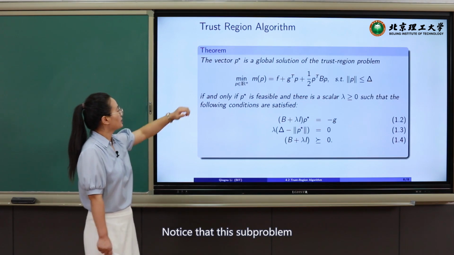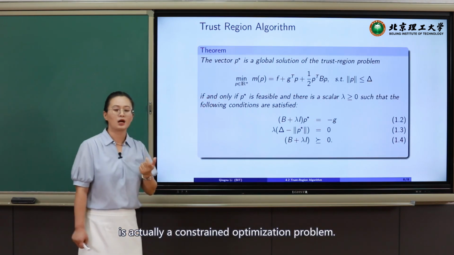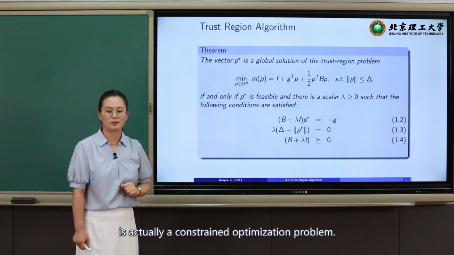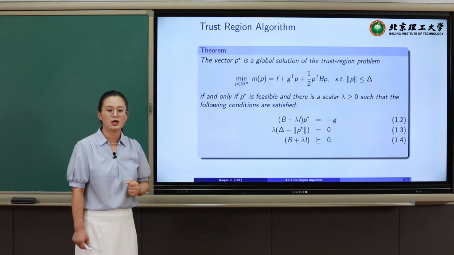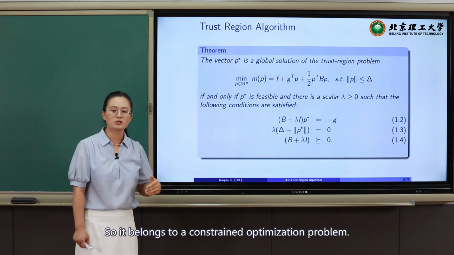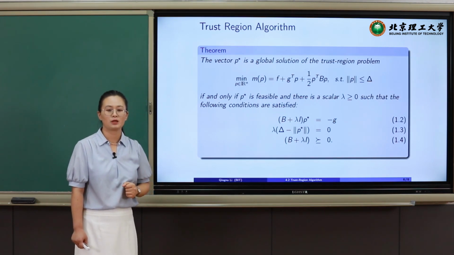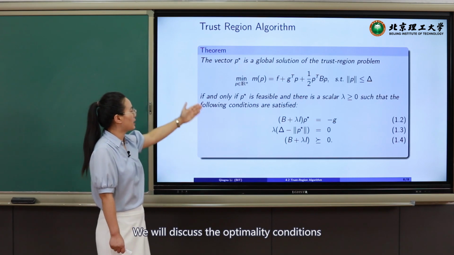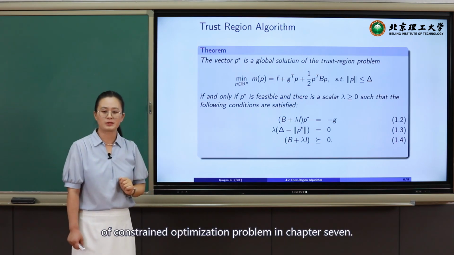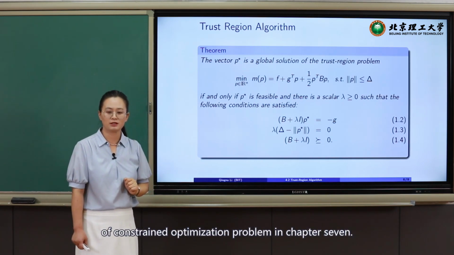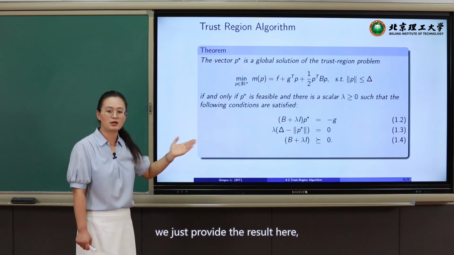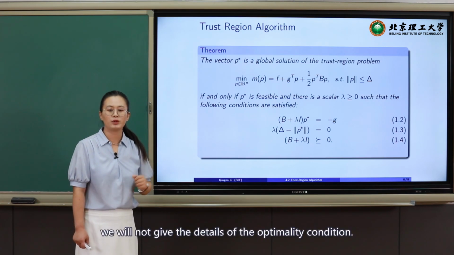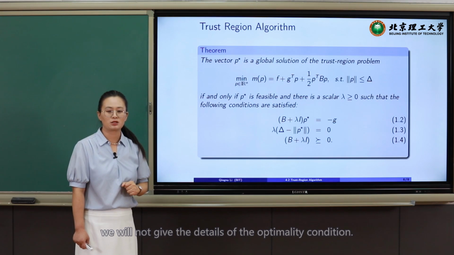Notice that this subproblem is actually a constrained optimization problem. You have some restrictions on the radius, right? So it belongs to constrained optimization problems. We will discuss the optimality conditions of constrained optimization problems in chapter 7. Now, in this part, we just provide the result here. We will not give the details of the optimality condition, okay?